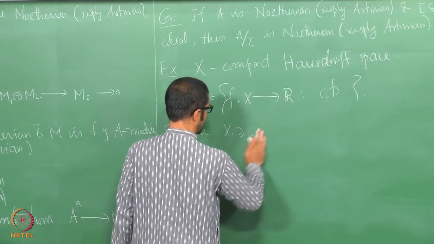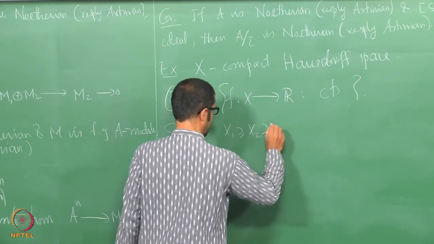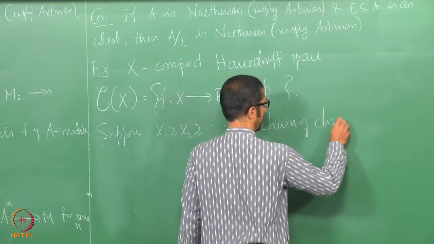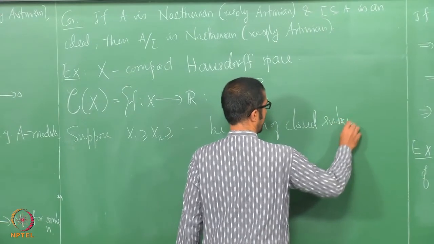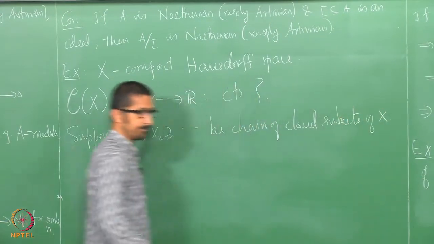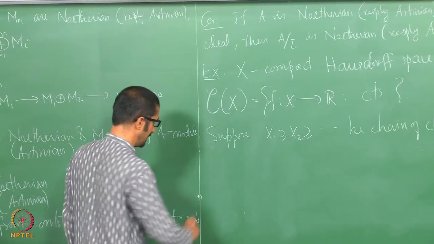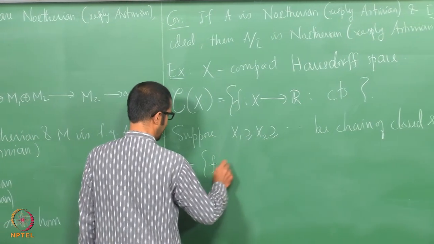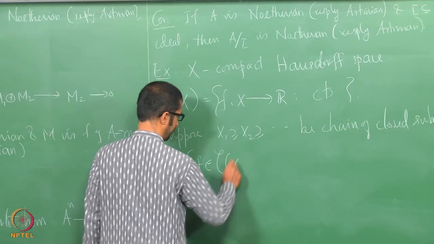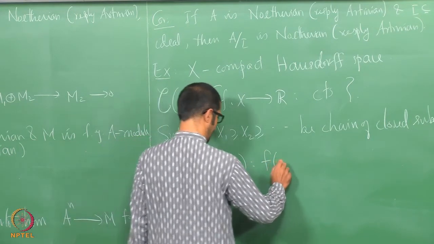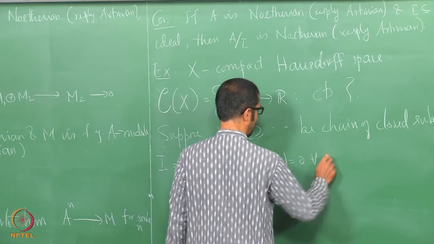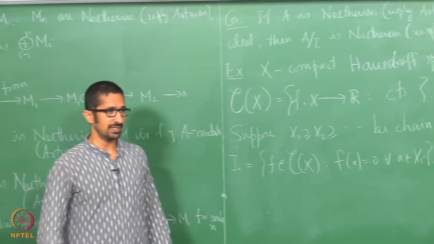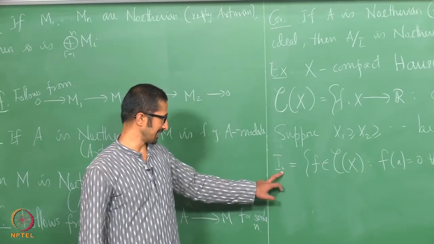Suppose X1 contained in X2 contained in so on be a chain of closed subsets of X. Okay. I write I_i to be the set of all f in C(X) such that f of a is 0 for all a in X_i, that is, f vanishes on every point of X_i.